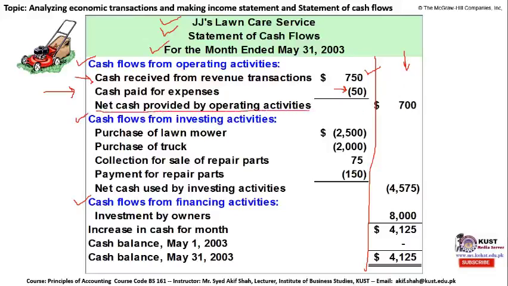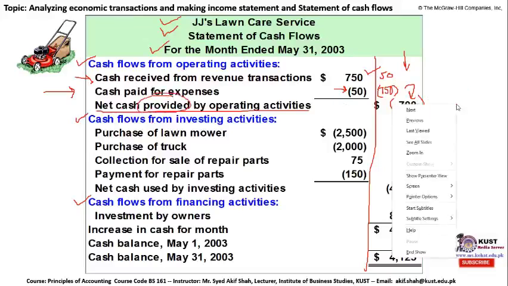If the cash inflow were $50 and the expenses would have been $750, then we would have to mention a parenthesis against this number. In that case, rather than writing net cash provided by, you have to mention net cash used by operating activity.